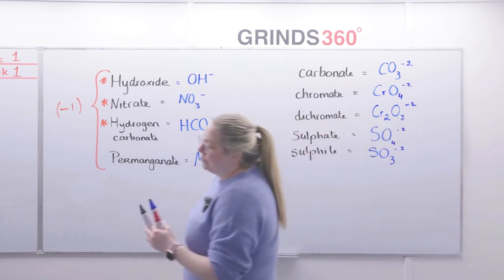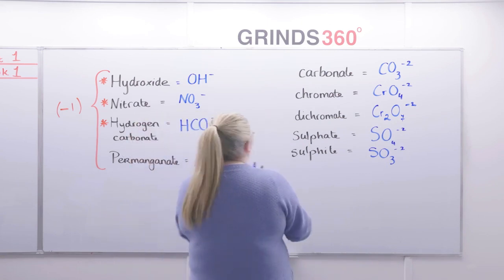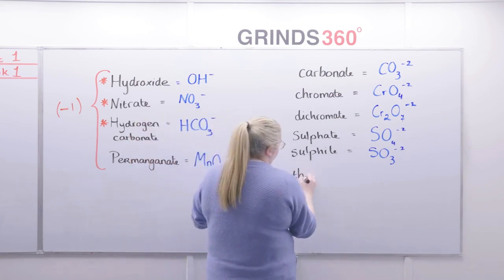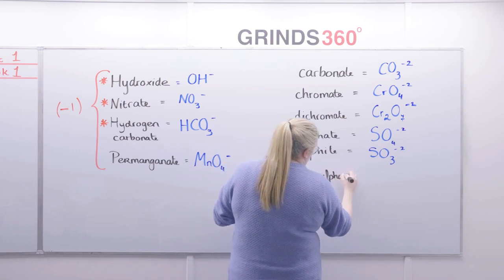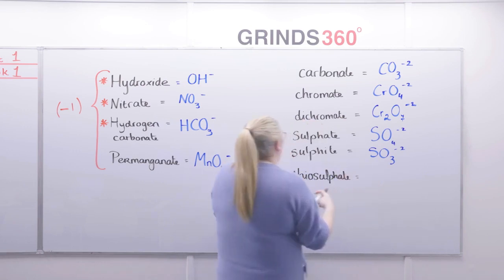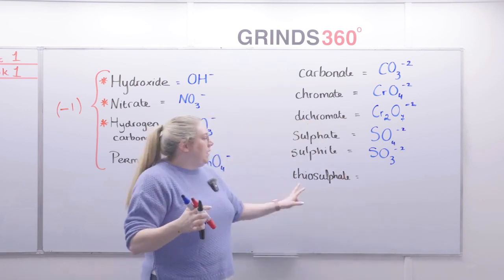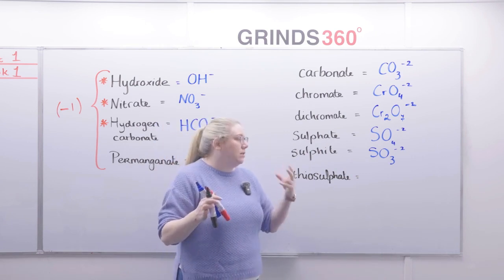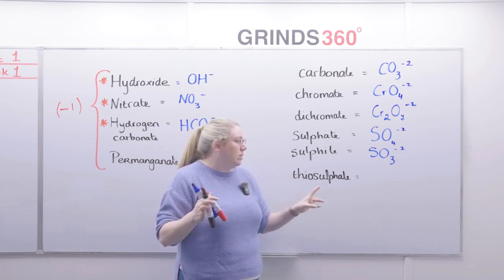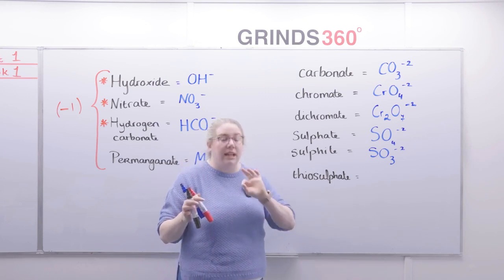Now, we're nearly there. We have thiosulfate. If you've done rates of reaction, you've definitely come across sodium thiosulfate because you use it in 2 of the experiments, and it's the one that makes the experiment smell like rotten eggs. It's vile.